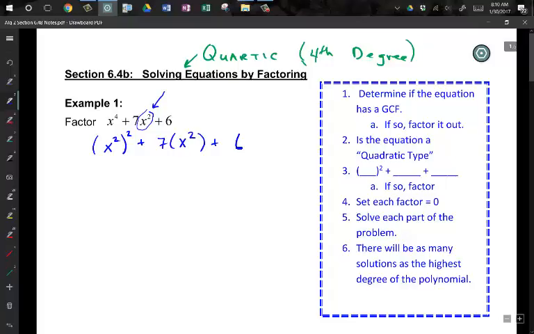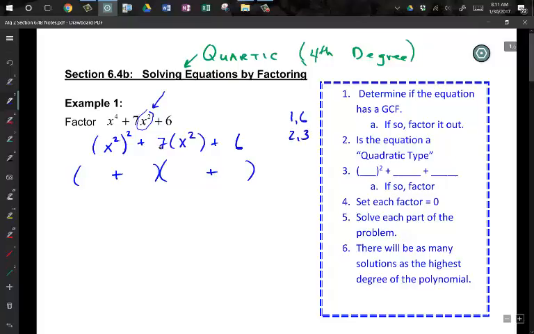And so we have x squared squared plus 7x squared plus 6. And now we are just going to factor it just like normal. If this is a plus and a plus, we know that's a plus and a plus. Normal factoring goes. Tell me, what multiplies to 6? 1 and 6, 2 and 3.